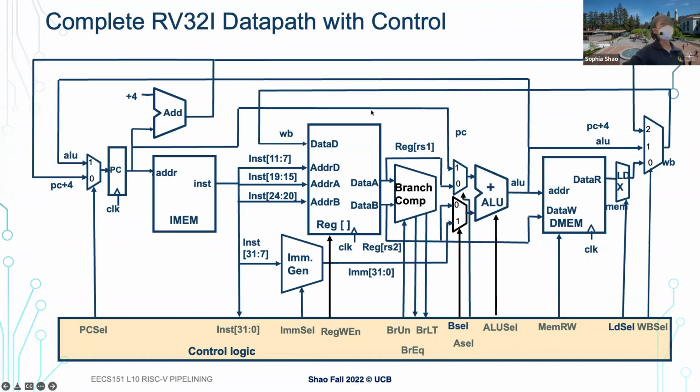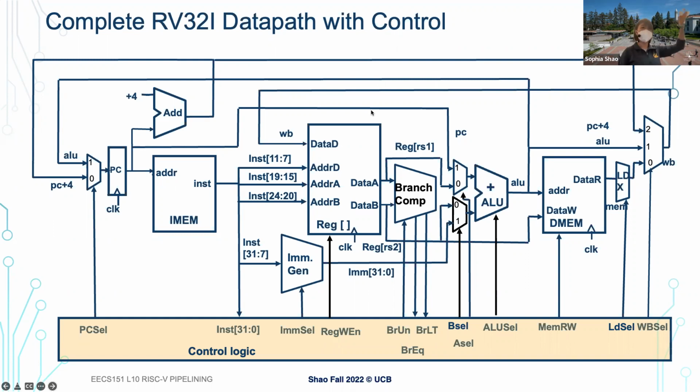So load select selects which subset of those words we're actually loading based on the instruction type. Okay, so it's kind of like a mask: you load in the whole word and then choose. Yeah, I only choose the last byte, or whichever byte or half word we're loading. Okay. Yes, so that's the load select towards the end.